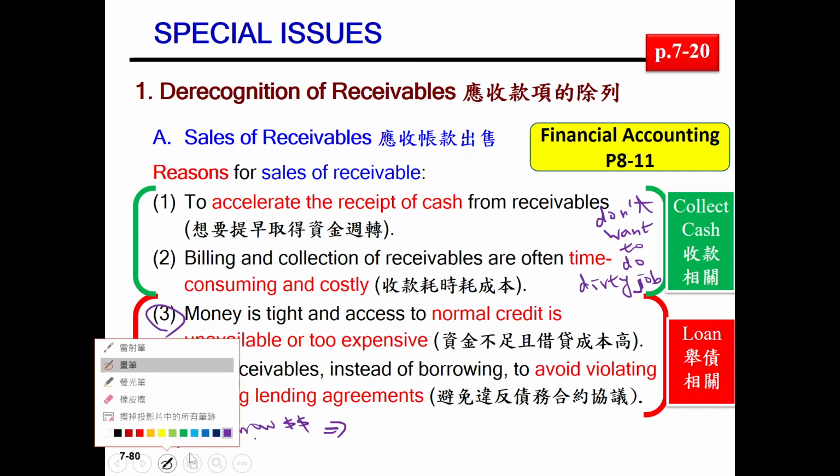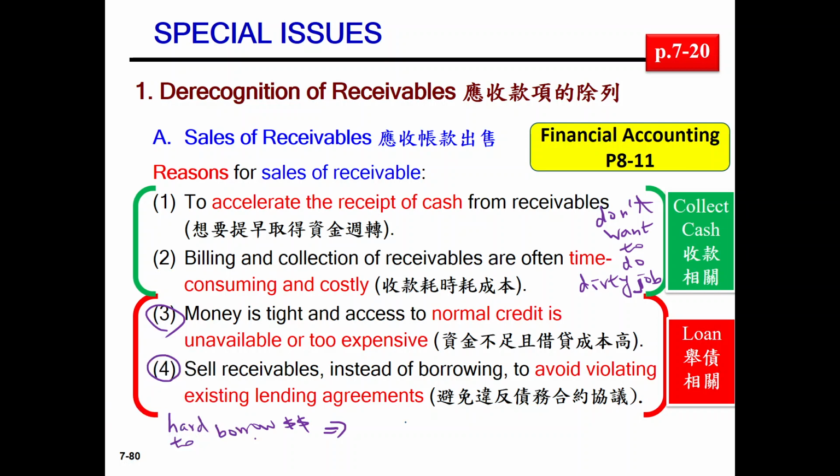Higher risk, cannot pay the money back. Hard to borrow money because your liability is too high. High liability means high risk. So because of that, other companies are not willing to lend you money.